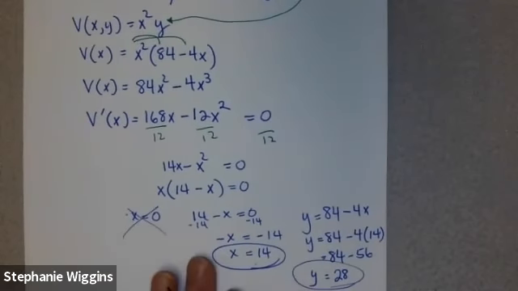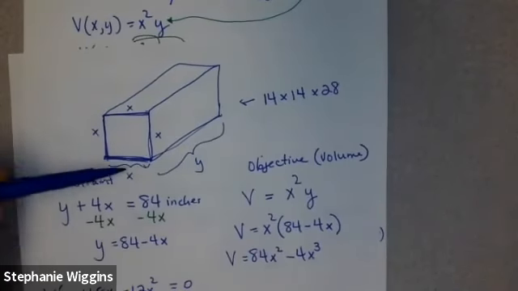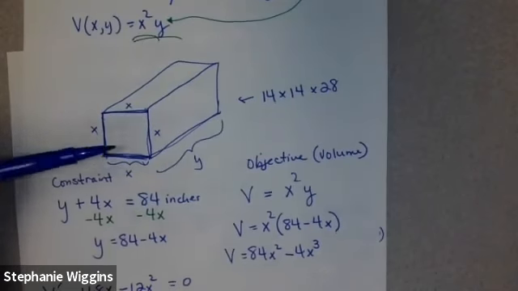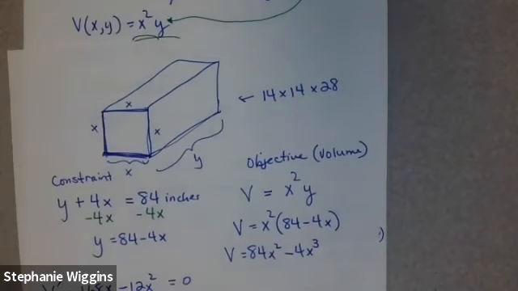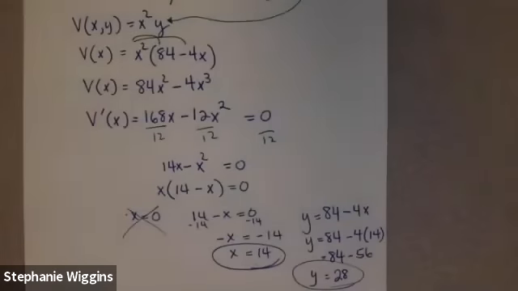So these are the dimensions of this box. It's going to have a height and a width of 14, and then it's going to have a length of 28. That will maximize your volume given the constraint of 84 inches.